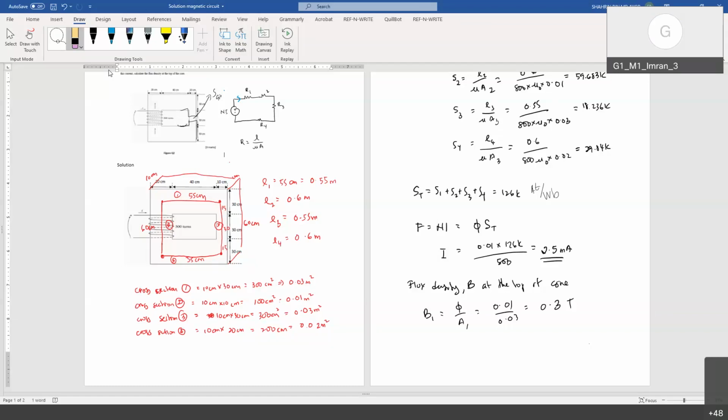Okay, so maybe based on my calculation, I missed the 165K multiplied with 2.25. Yeah, 2.25, no milli. Okay, 2.52 amperes. Okay, thank you very much.